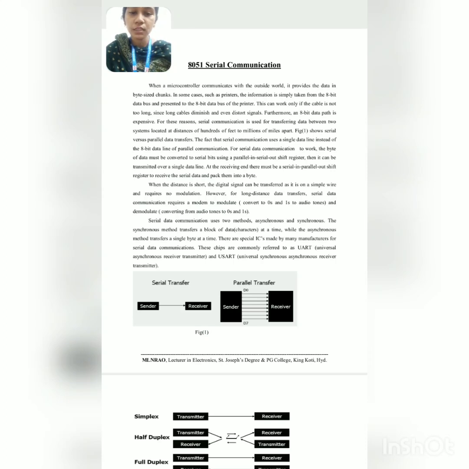For serial data communication to work, the byte of data must be converted to serial bits using a parallel-in serial-out shift register. Then it can be transmitted over a single data line. At the receiving end, there must be a serial-in parallel-out shift register to receive the serial data and pack them into a byte.